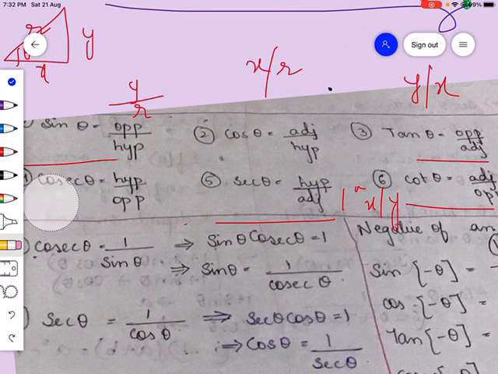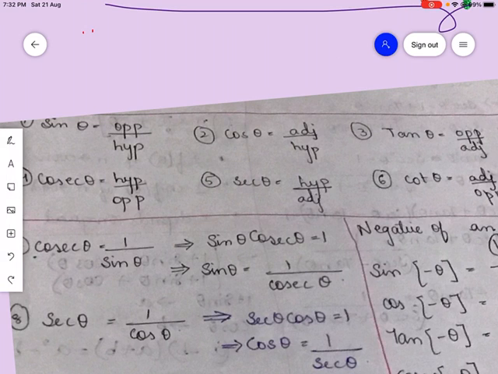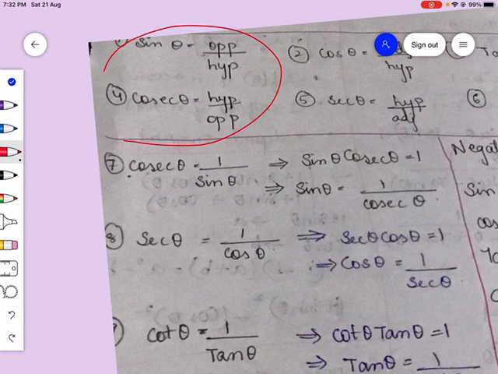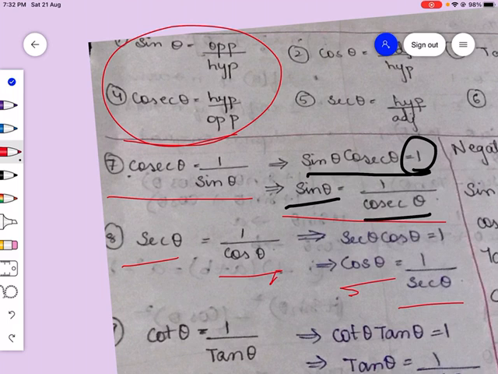Now we will see these reciprocals. Sine theta and cosecant theta are reciprocals of each other, so we can write sine theta is equal to 1 by cosecant theta and cosecant theta is equal to 1 by sine theta. Therefore sine theta into cosecant theta is equal to 1. Same way secant theta is equal to 1 by cos theta, or cos theta is equal to 1 by secant theta.